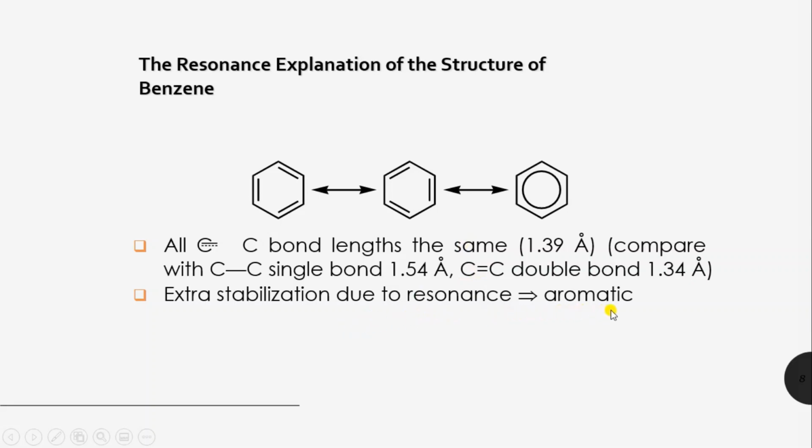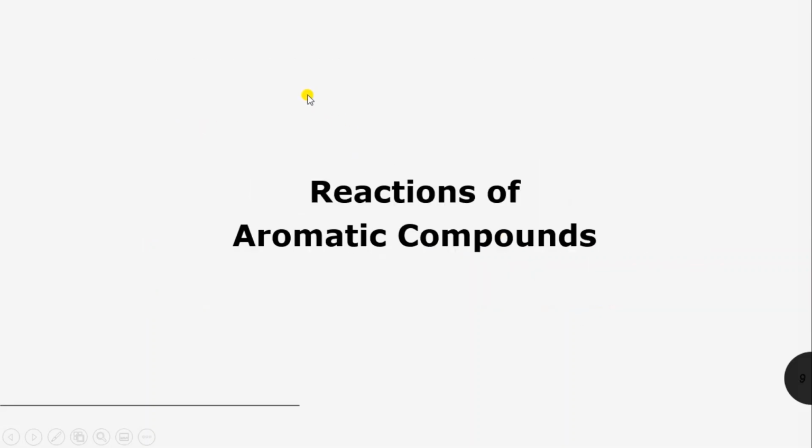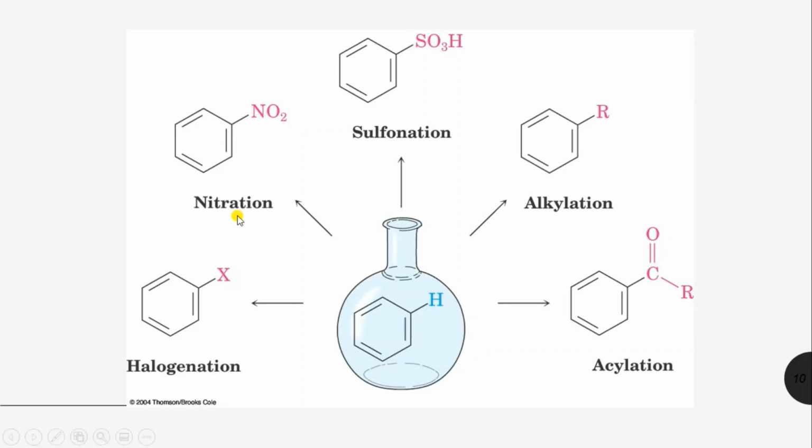This was the resonance explanation for the above on slide number 9. You can see that various substituted products have been given. These are the various derivatives of benzene resulting after the electrophilic substitution reactions of benzene.